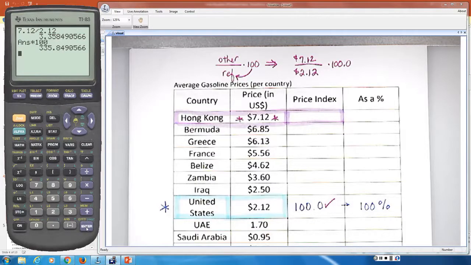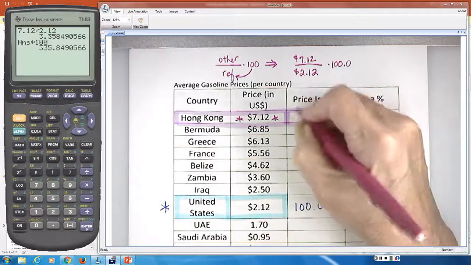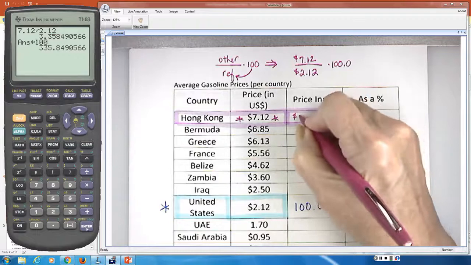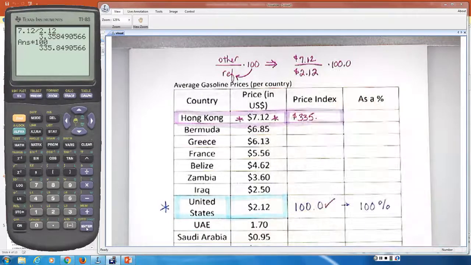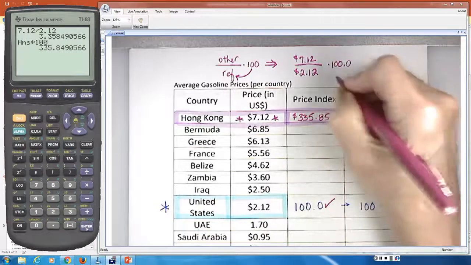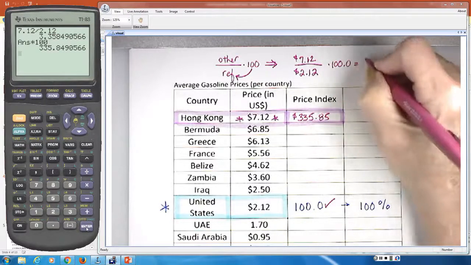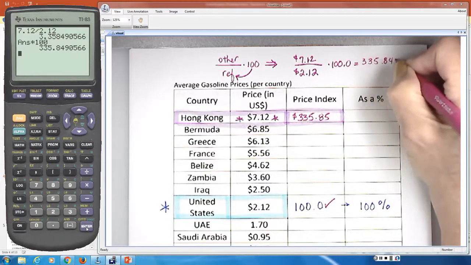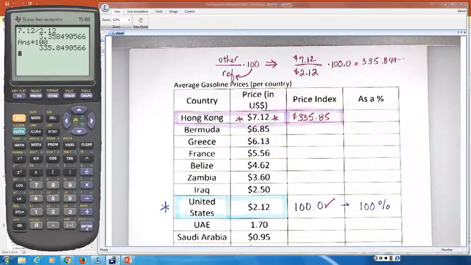So their price index is 335, and we're going to round the index to one decimal place, so it's 335.8. Actually, since it's money, you can round it to two, and that would be 335.85. So there's your price index.